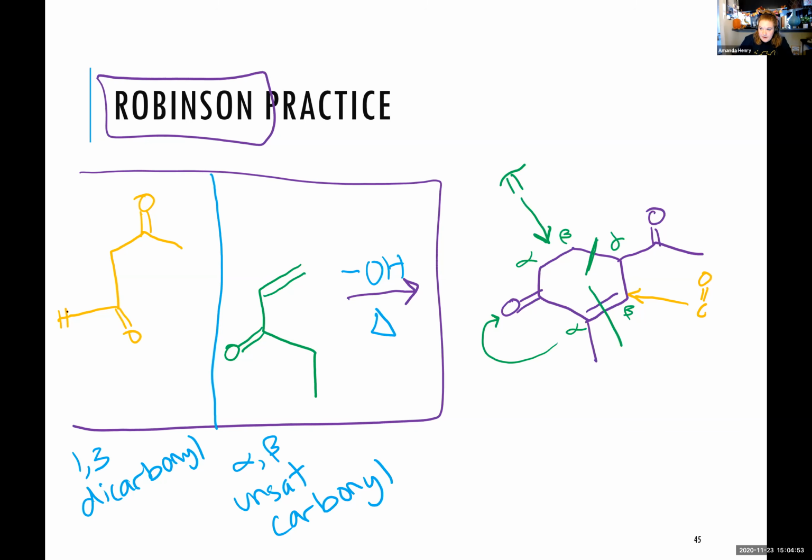So we're breaking the pi bond, and that pi bond had to have formed alpha and beta to the alpha beta unsaturated carbonyl. Notice that if we compared it to the other carbonyl, it's on the beta and gamma carbons. So that means the one that it's beta and gamma to has to be our 1,3 dicarbonyl. Does that make sense? Do we have questions about that?